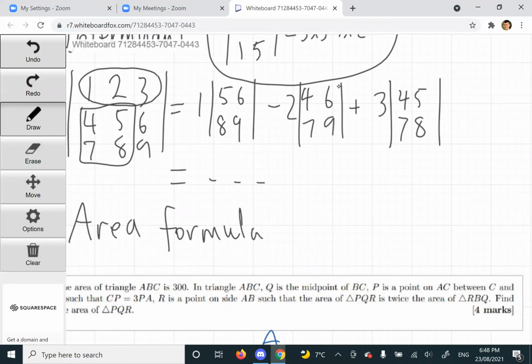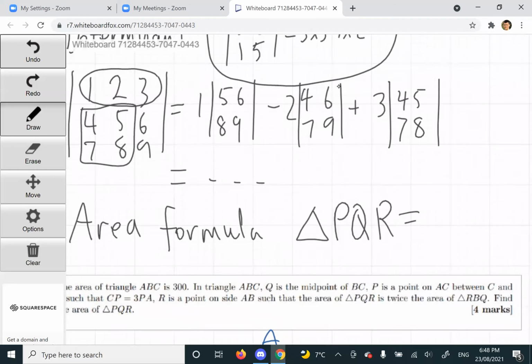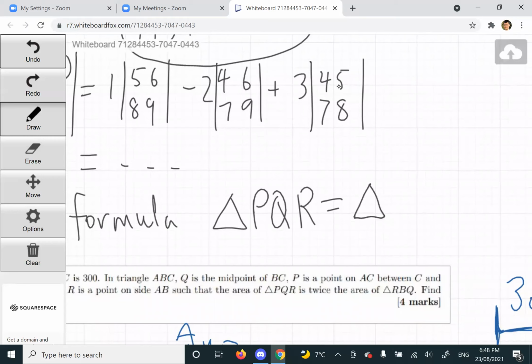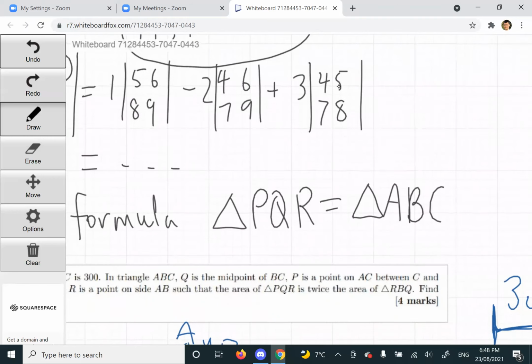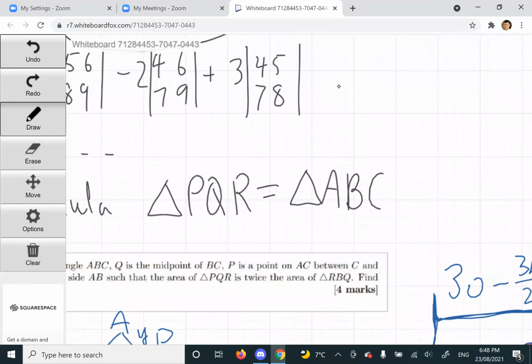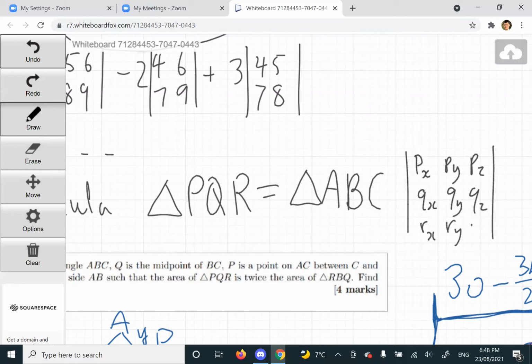So the area of a triangle is equal to the area of the reference triangle ABC times the determinant of the coordinates of P, Q, and R. So Px, Py, Pz, Qx, Qy, Qz, Rx, Ry, Rz.